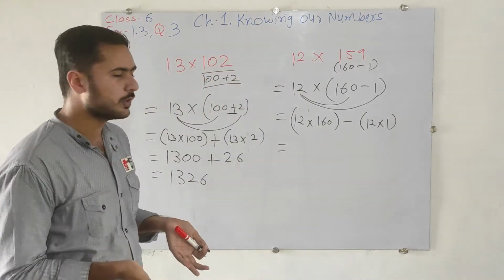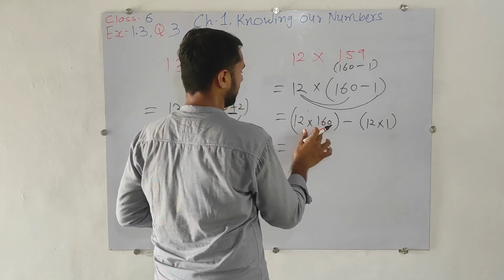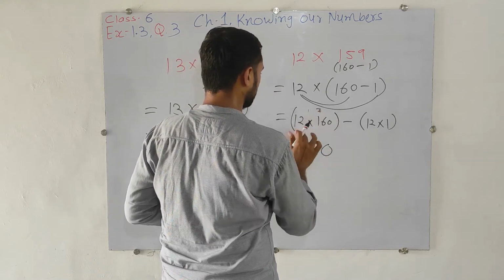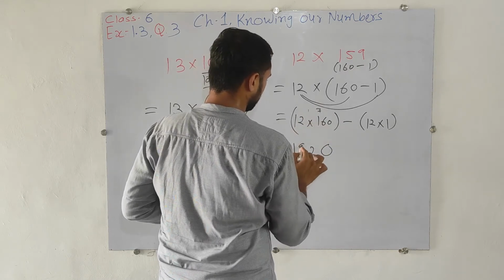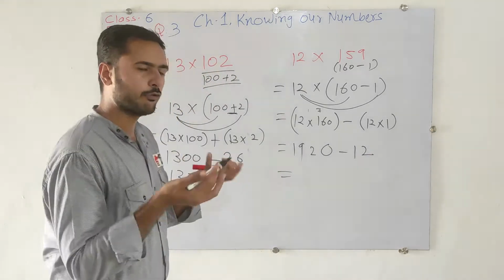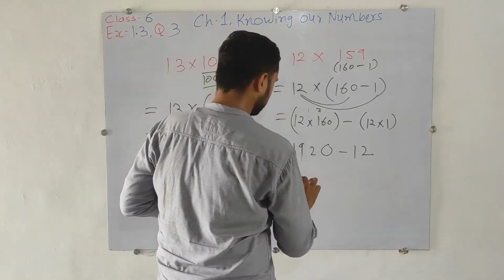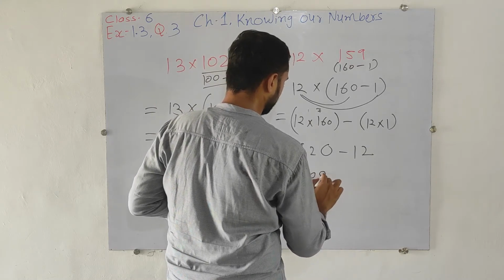Now simply we have to do the multiplication. 12 times 0 is 0. 12 times 6 is 72, so here 7. 12 times 1 is 12, and 7, that is 19, minus 12. Now we will just subtract that, and we will get 1908.